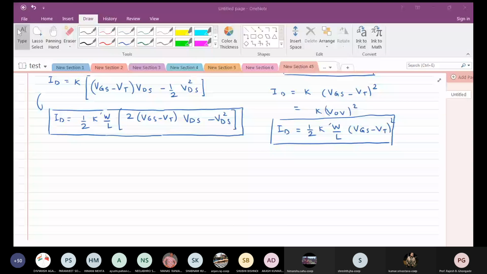Okay, ID and how ID and VDS are related. Okay, so let me switch over to Multisim.